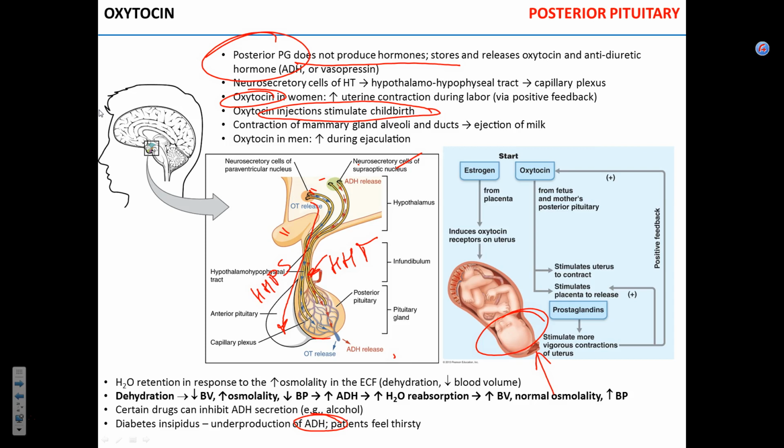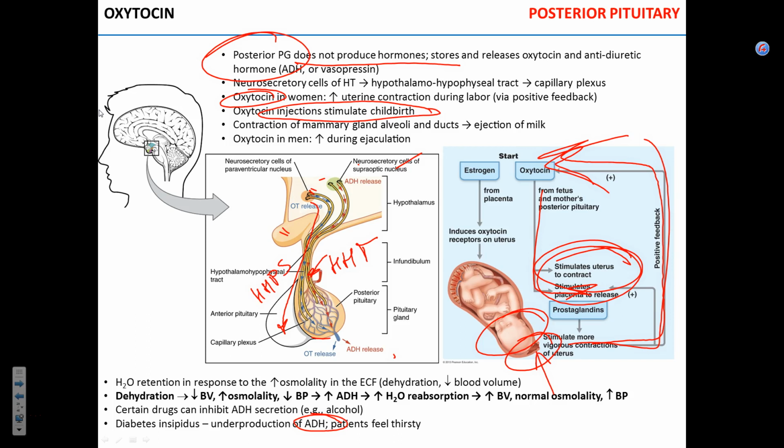When the baby's head pushes on the cervix, the signal goes into the posterior pituitary and releases oxytocin. Oxytocin stimulates the uterus to contract, increasing the pressure on the uterine cervix, which stimulates oxytocin, which stimulates the uterus to contract.